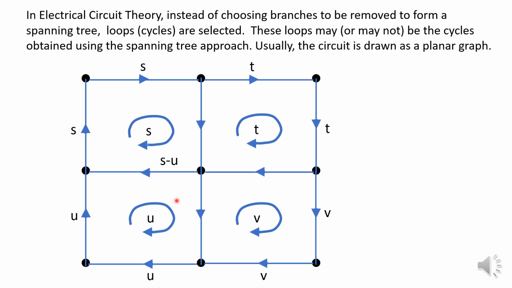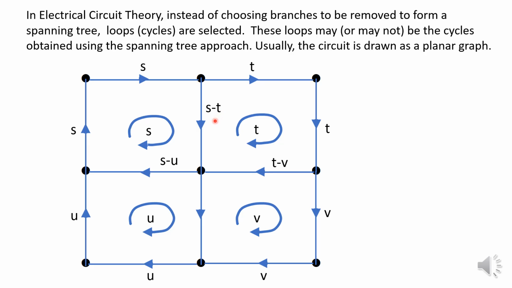But here, if you follow the direction of U, it goes in the reverse direction, so the loop current U contributes minus U to this branch. Similarly here, the arrow follows the direction of S, so it's plus S here, and it's in the opposite direction of the loop current T, so you have minus T contributed here.